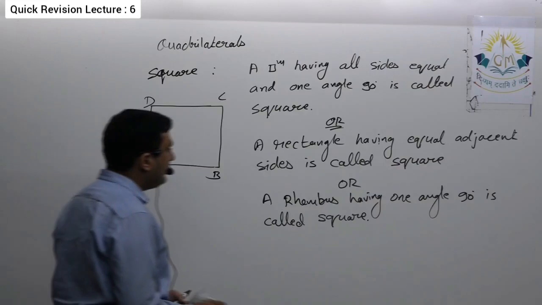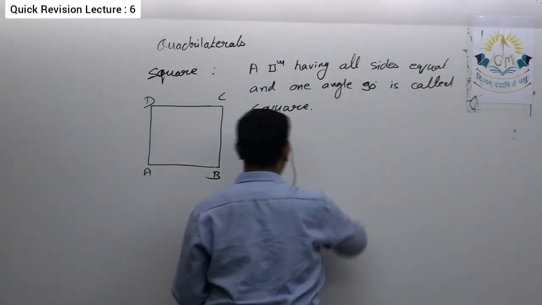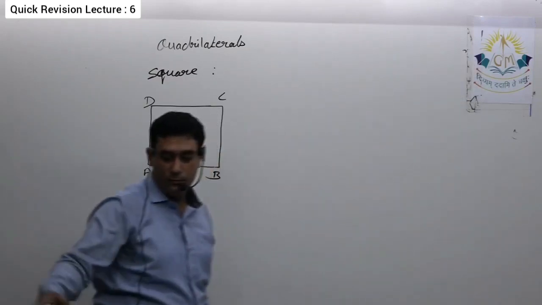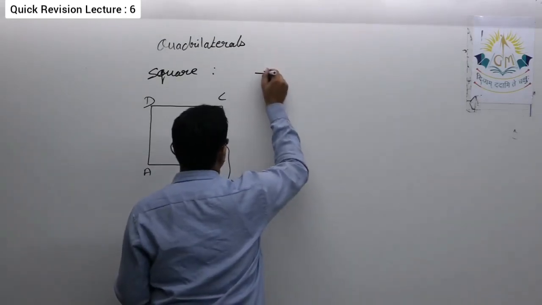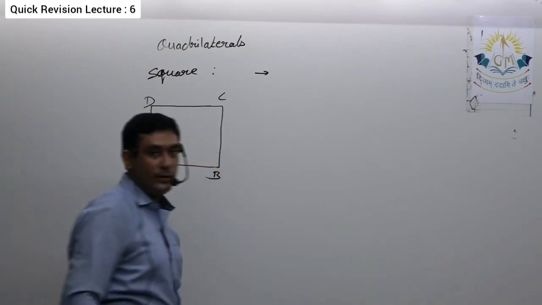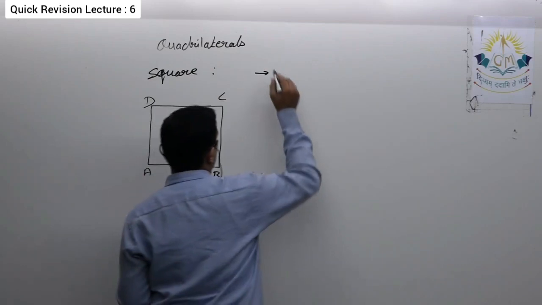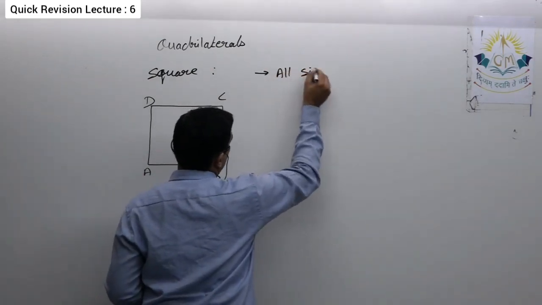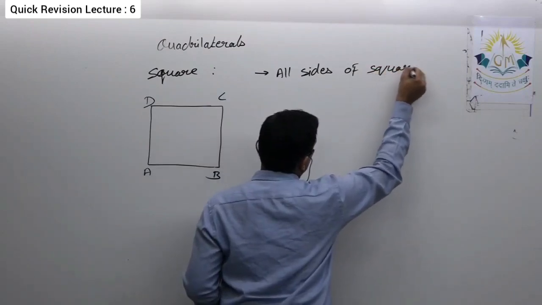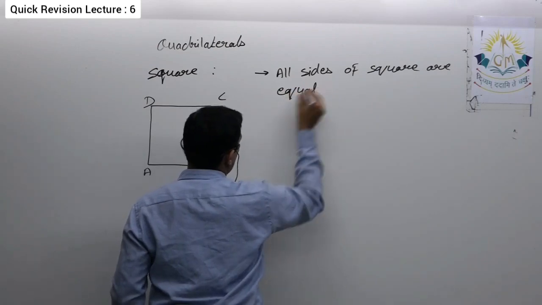Now next we will see the properties of the rectangle. Sorry, properties of the square. So here is the very first property of the square. Again, as I told you, first we'll see the properties related to sides, then angles, and then the diagonals. So all sides of a square are equal.